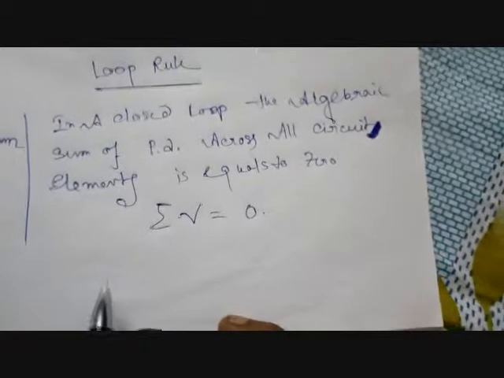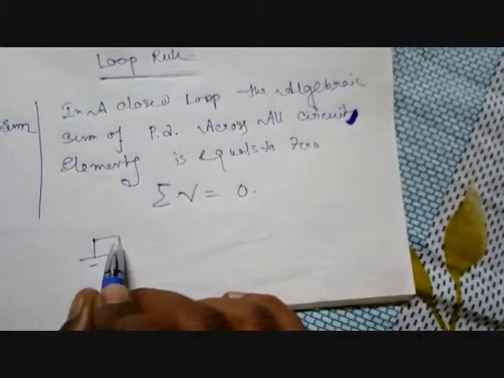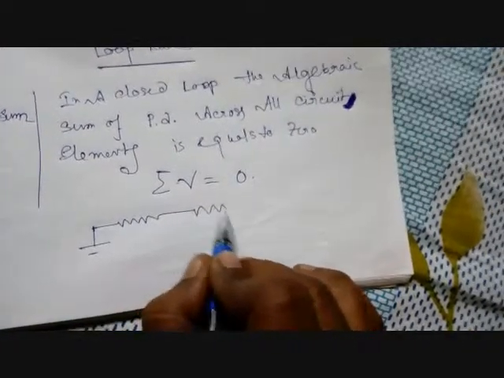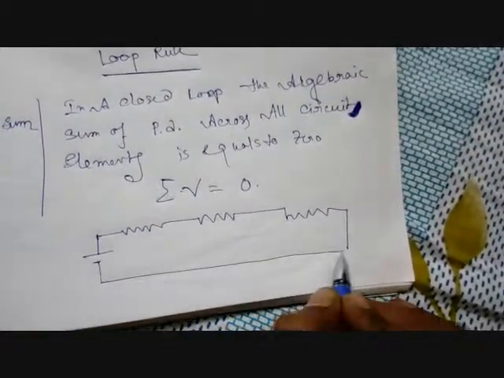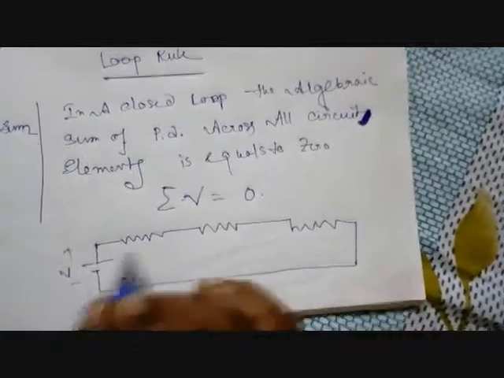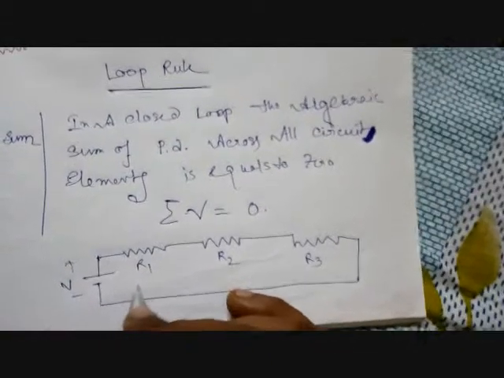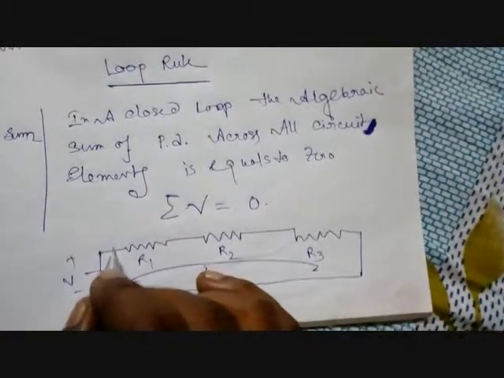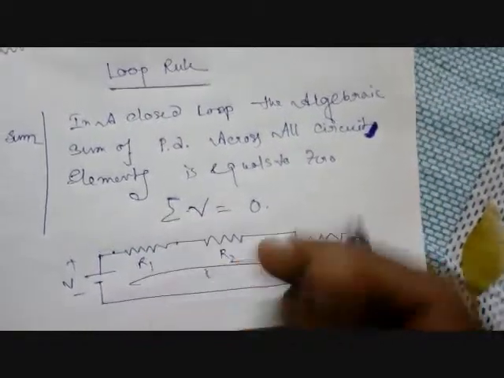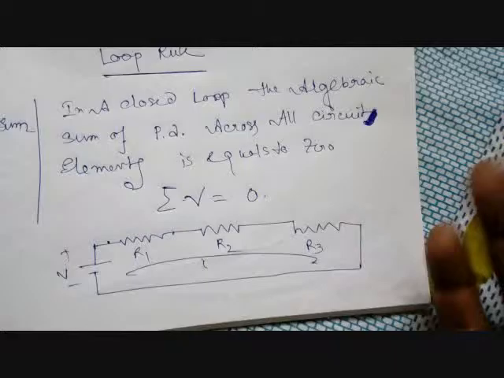Now the loop rule. Suppose we have a loop having a battery and some resistances, R1, R2, R3, and suppose the current through that circuit is I. Then the potential drop through R1 will be IR1, R2 will be IR2, R3 will be IR3.